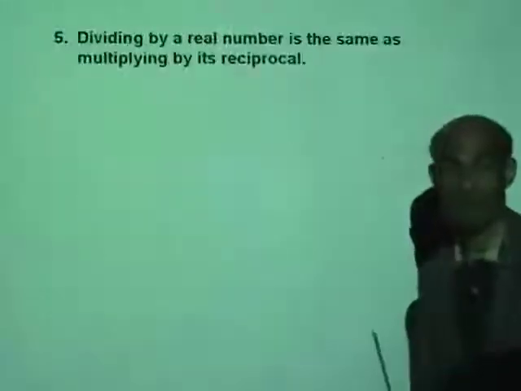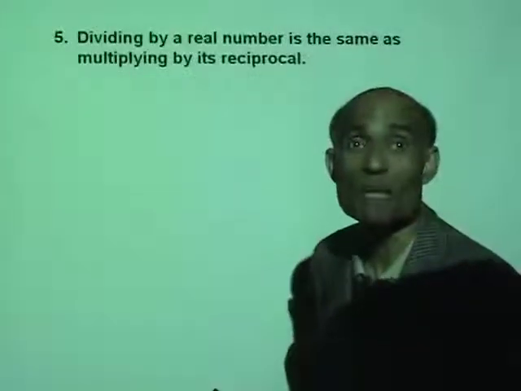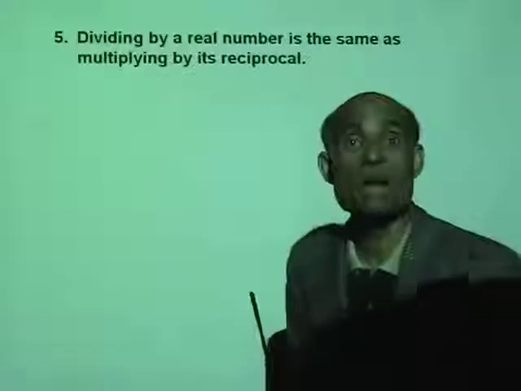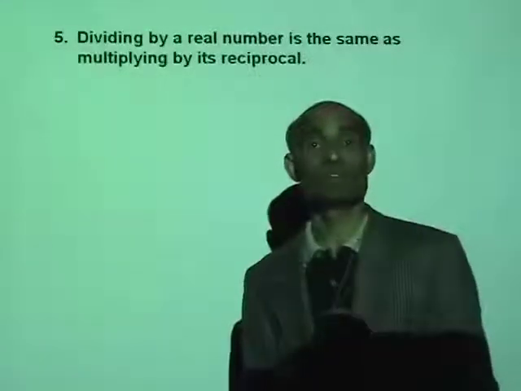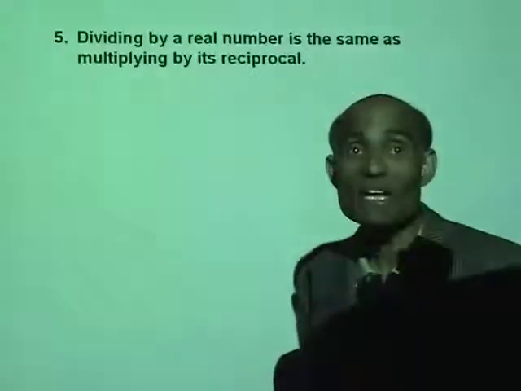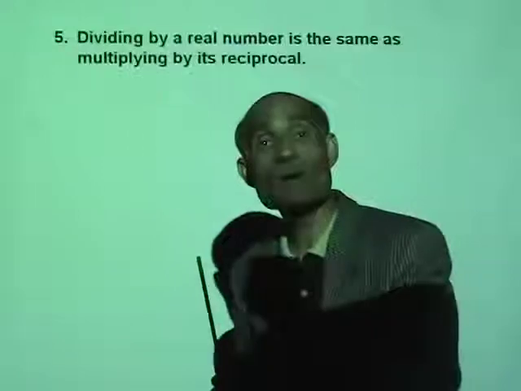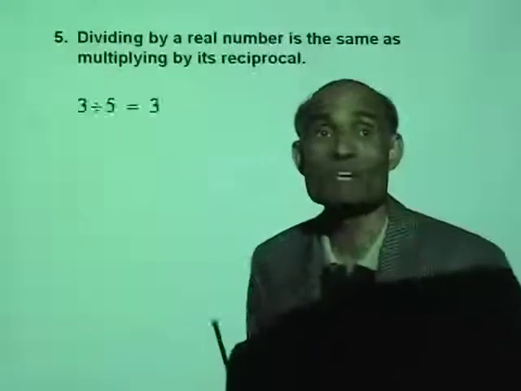Right? Okay. Number 5, dividing a real number is the same as multiplying by its reciprocal. Well, that is something that is very important. Dividing by a real number is the same as multiplying by its reciprocal.